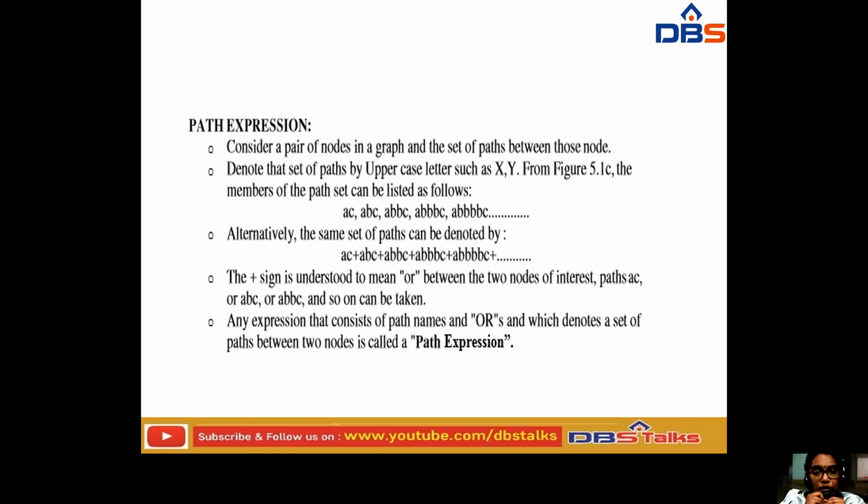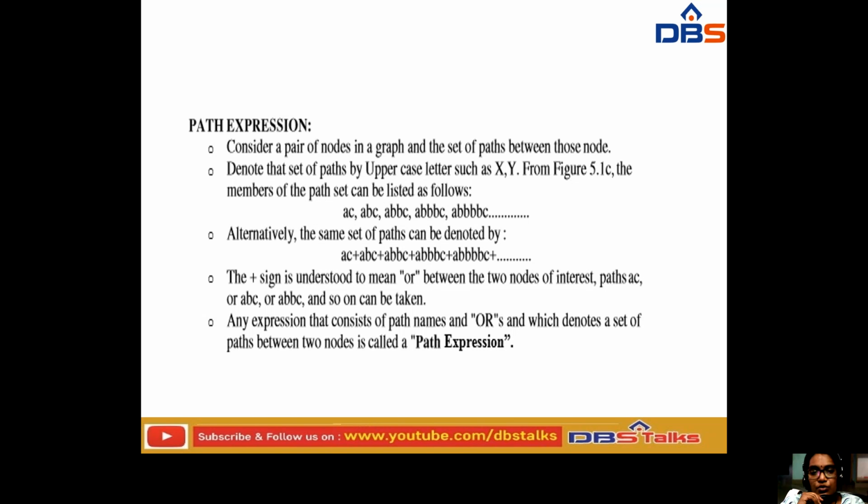From this we can denote the set of paths by the uppercase letters such as X, Y from the figure 5. The members of the path set can be listed as follows, that is AC, ABC, ABBC, just like that. Alternatively, the same set of paths can be denoted by AC plus ABC plus ABBC plus, just like that.